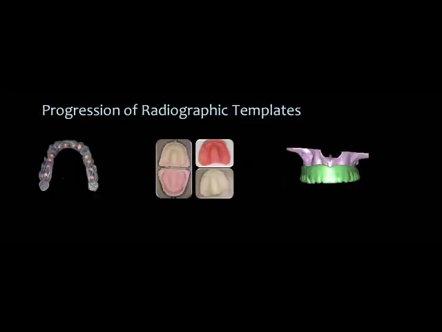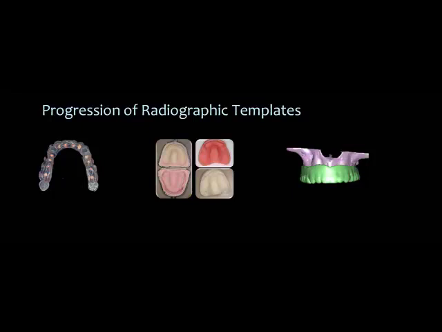We've also progressed with the use of our radiographic templates. They started off initially using just some gutta percha, and then we started using barium sulfate and taking impressions of our dentures and using them on our scans to get some imaging.